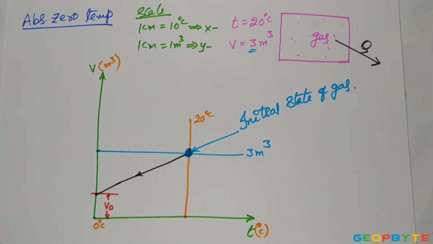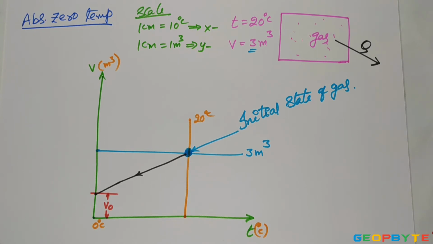Volume occupied by the gas due to free motion means, let us take a classroom. Assume the 100 students in the classroom are sitting, they are occupying some volume. The volume occupied by the students while they are sitting may be 2 meter cube. The room volume may be 5 meter cube. Then the volume available for the teacher for roaming here and there is room volume minus volume occupied by the students.